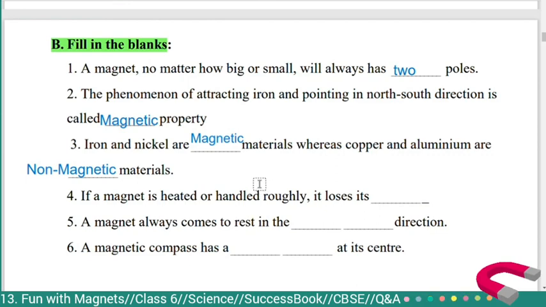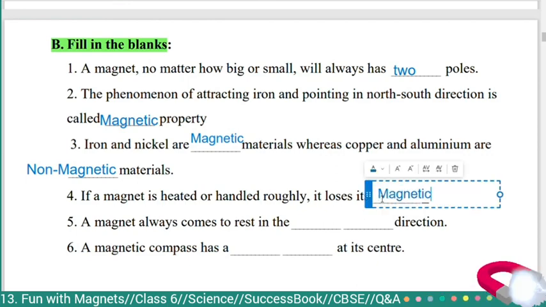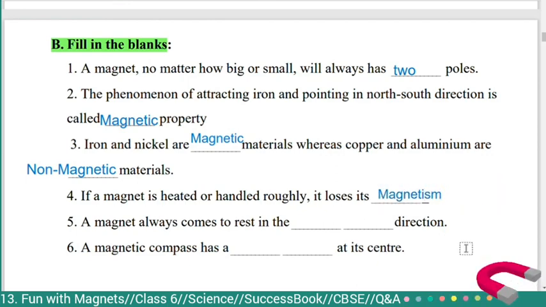Iron and nickel are magnetic materials, whereas copper and aluminium are non-magnetic materials. Fourth, if a magnet is heated or handled roughly, it loses its magnetism.